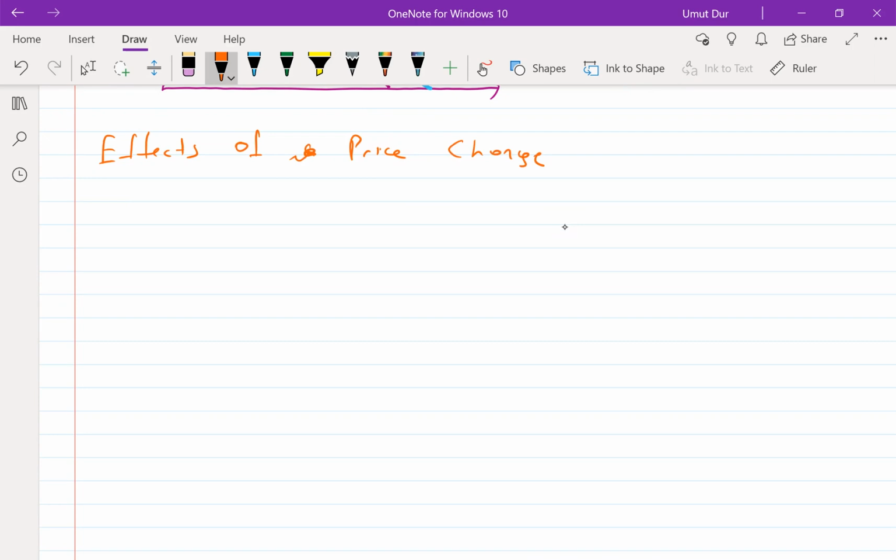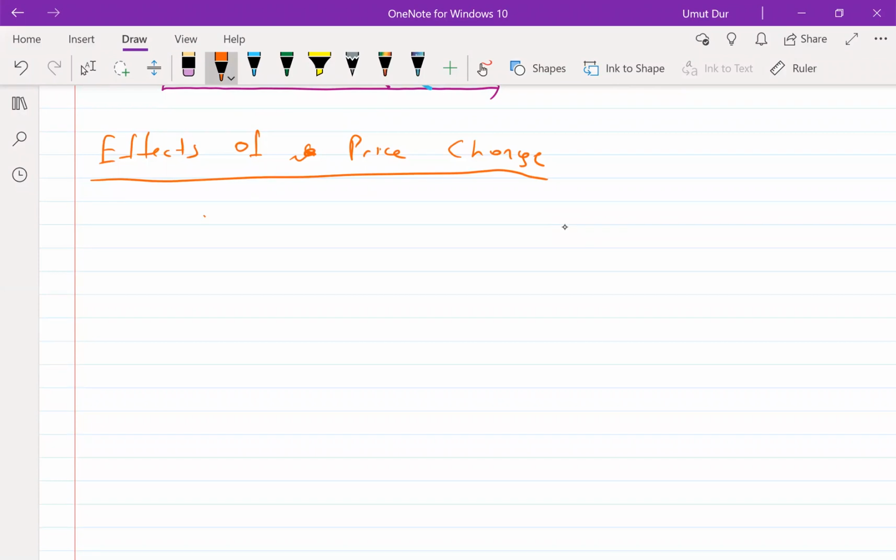Okay, so before starting our analysis for this part, let's go over what we have learned before. I will repeat it again, but you will see the relation once we start talking about the effects of price change.